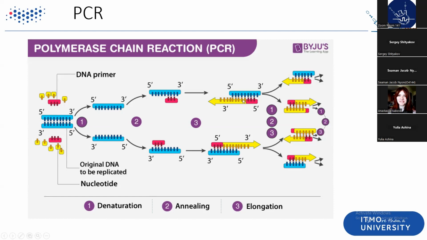So then amplification, elongation, is taking place, extension and elongation at this specific temperature, using some Taq polymerase, Thermus aquaticus polymerase, which is thermally stable, so you could actually amplify a specific site.